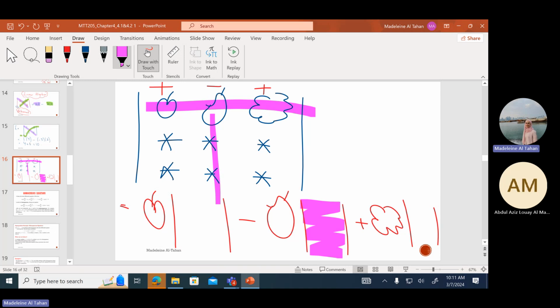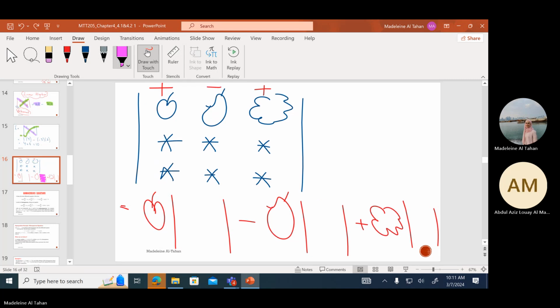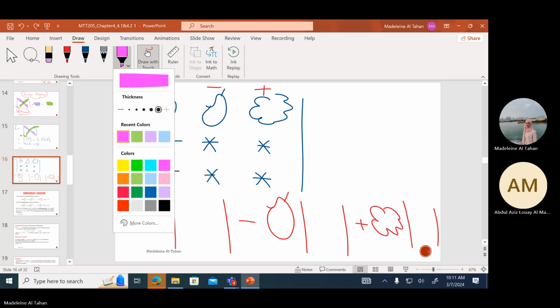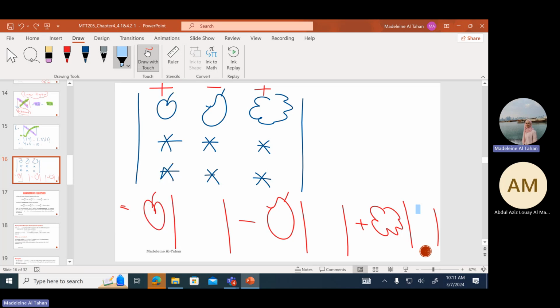After the pink part, what do we need to find? We need to find the blue part that's here. So what should be covered? The column and the row of it. The ones that we are left with, we will copy there.